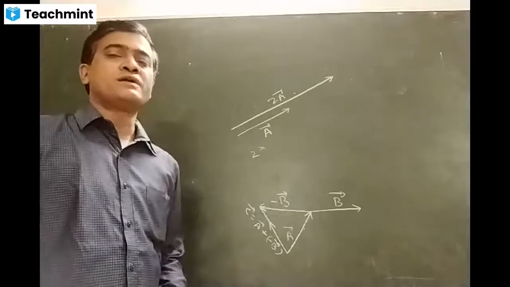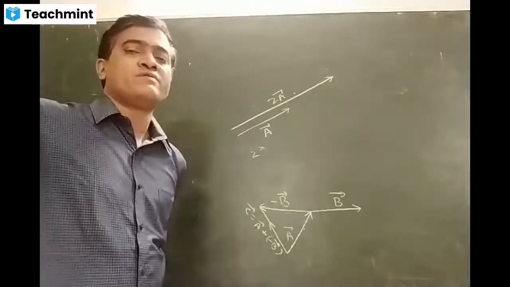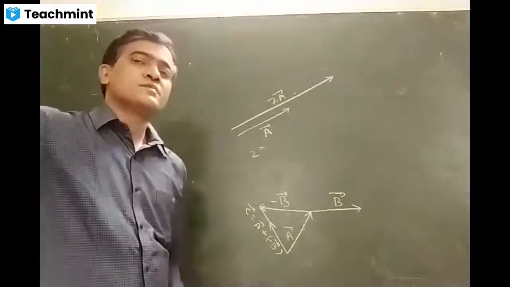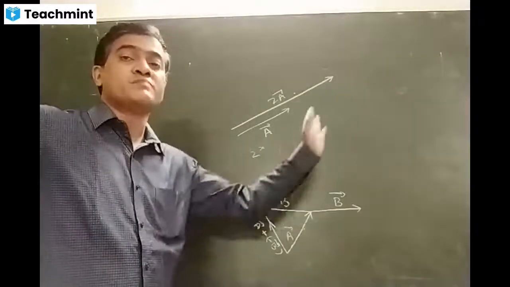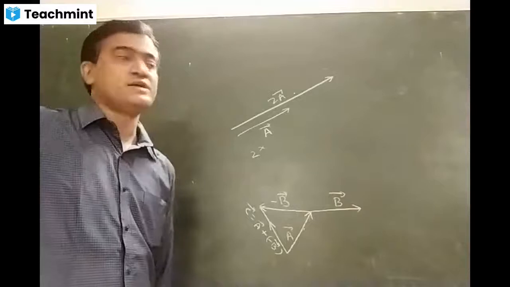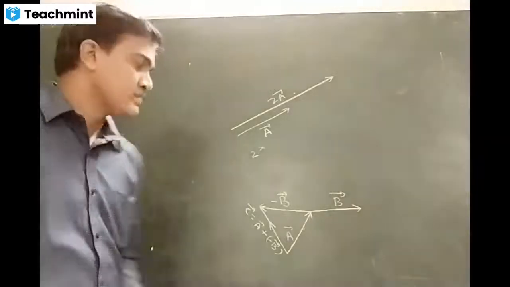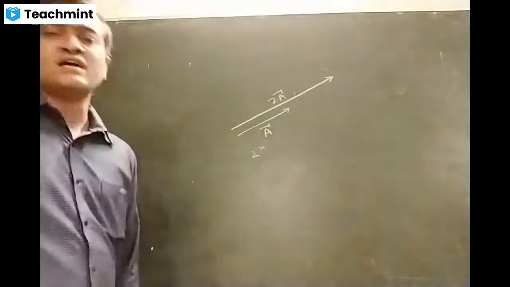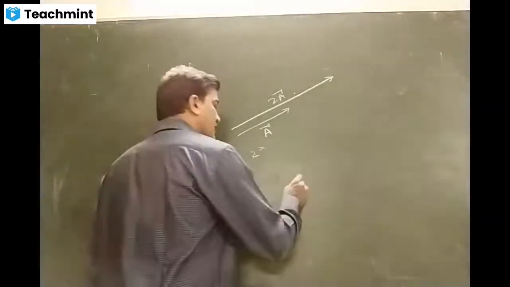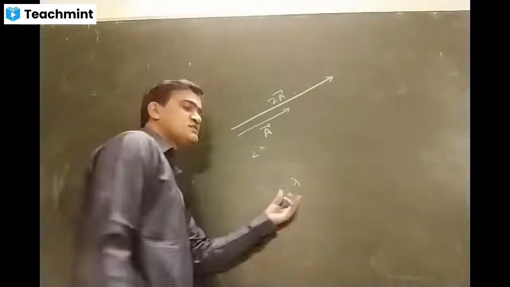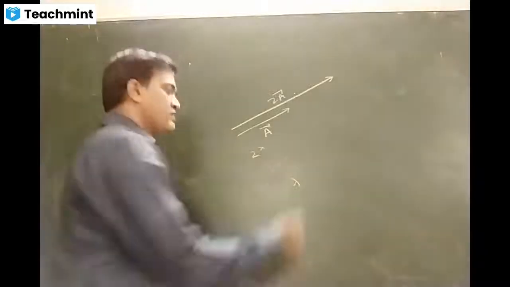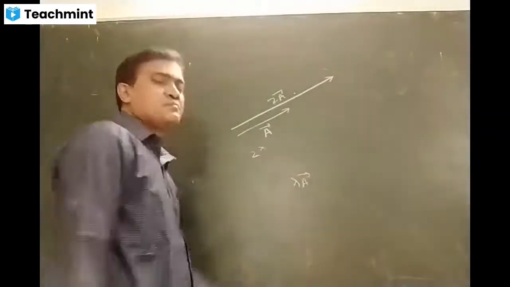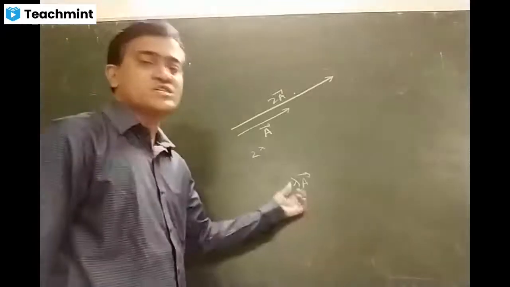Now if I multiply A bar with 3, what will I get? 3A bar. The length will become thrice. That means if I multiply with any scalar quantity, like lambda, lambda is one scalar quantity, if I multiply this with A bar, this lambda A bar will be in the direction of what?